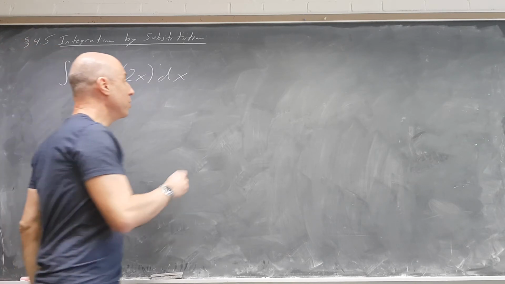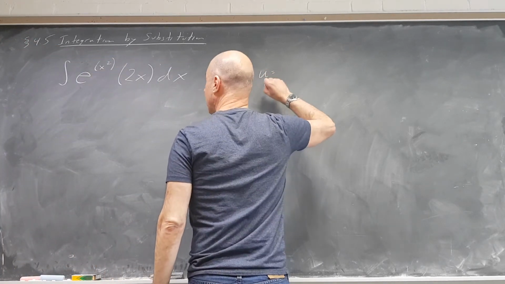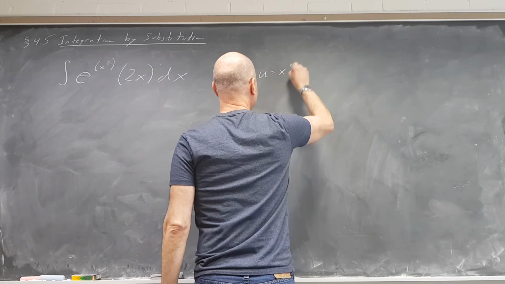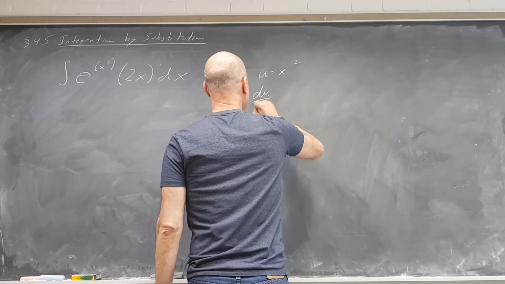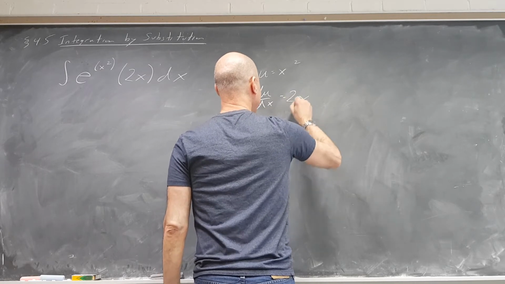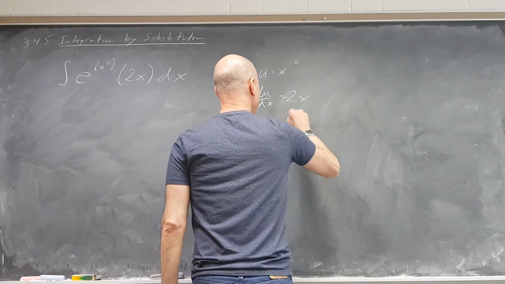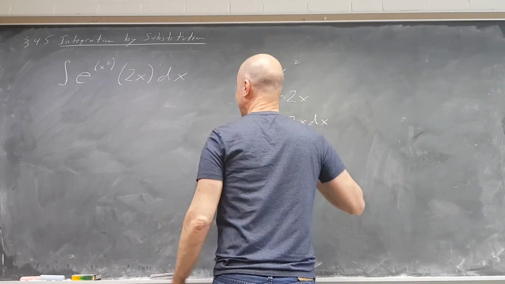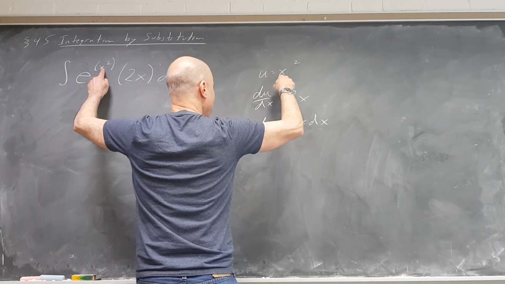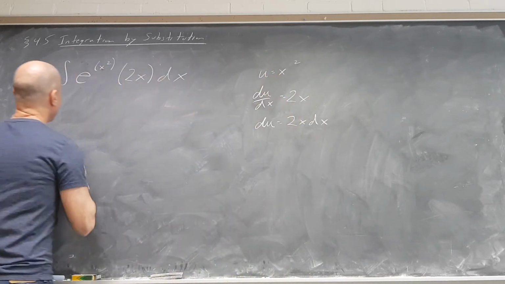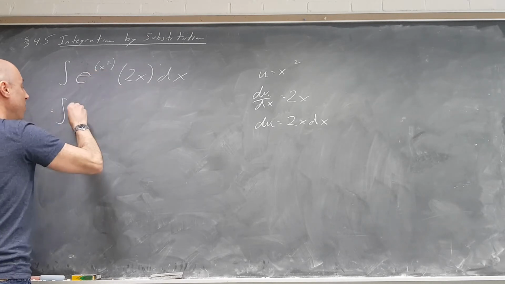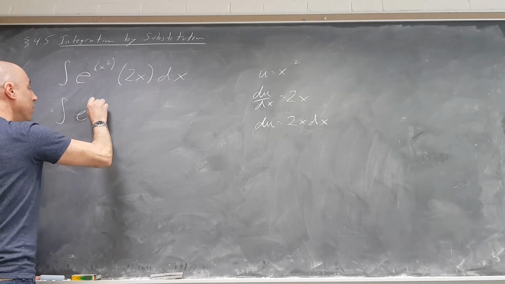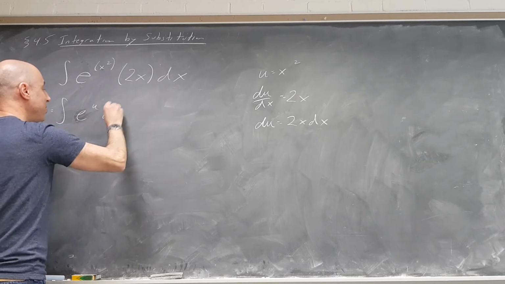So let's let u be the inside part of the composition, in this case, x squared. So du dx is just 2x, and du will be 2x dx. Let's go ahead and translate into u's. e to the u, 2x dx, that's just du.